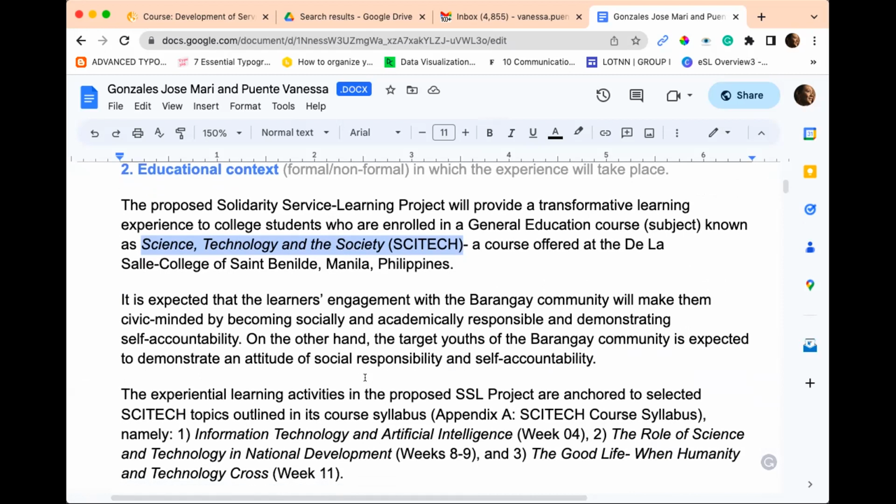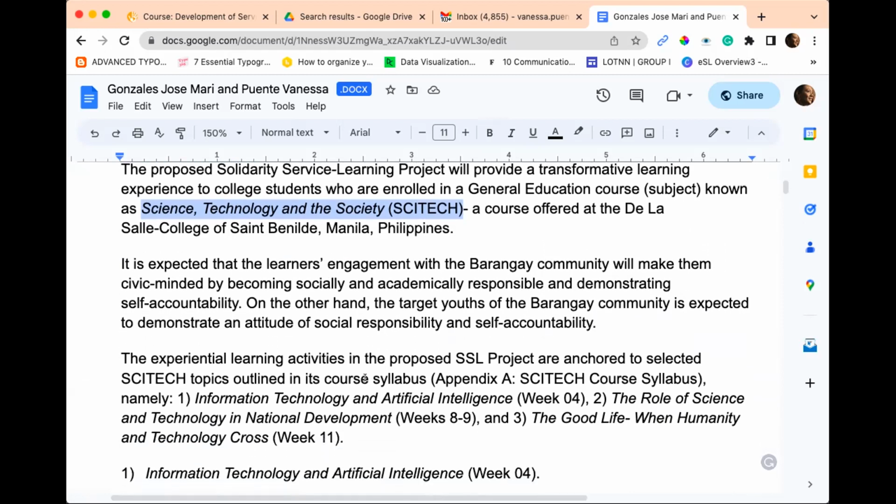Since we have been engaged with service learning, this is our first time planning projects referred to as solidarity service learning. I know the difference is not really that big, it's almost the same. However, I personally find it very interesting to study the details involved in a solidarity service learning project, and would eventually like to try it out as well.